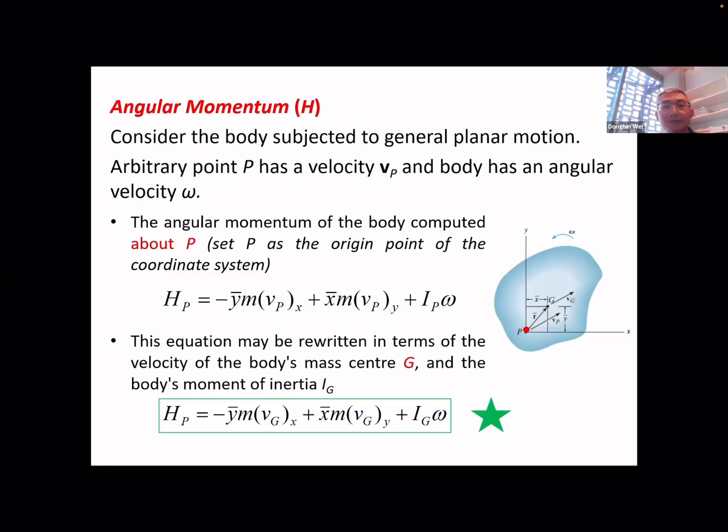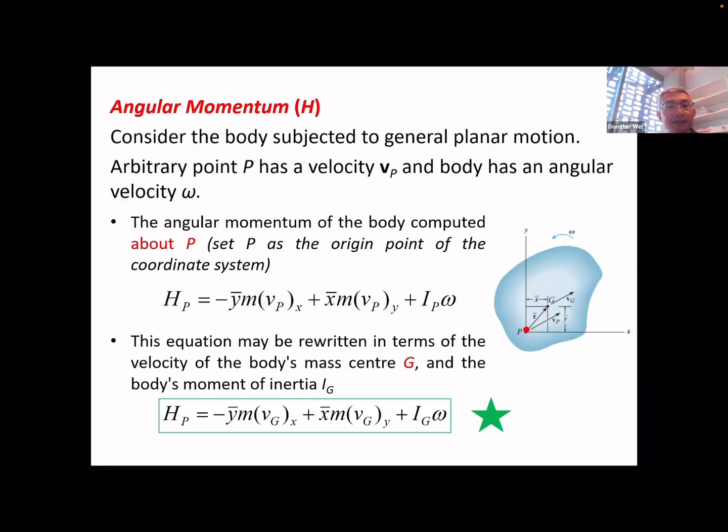So, for example, here, we assume this is a rigid body in translation, general plane motion, or rotation about a fixed axis. Now, if we randomly select point P for our calculation, you will have these two equations.